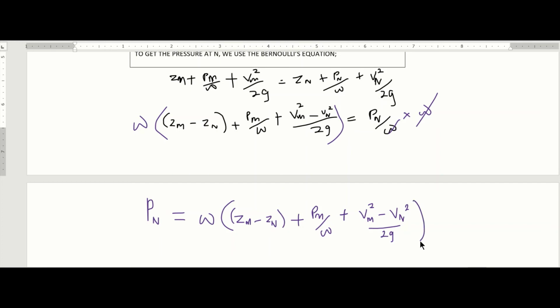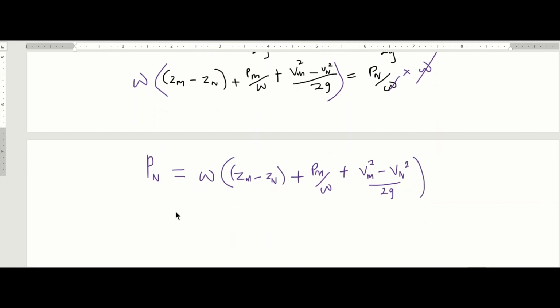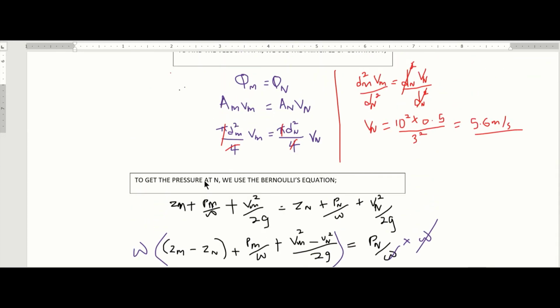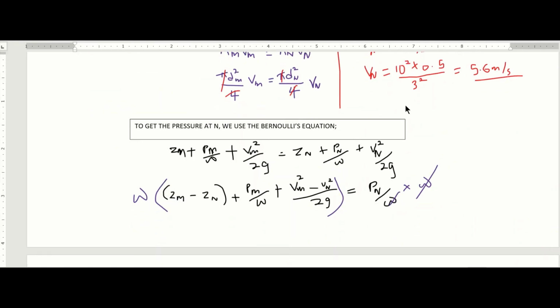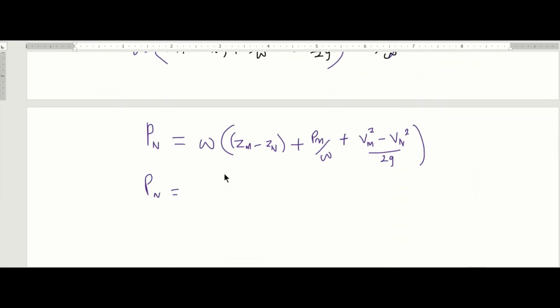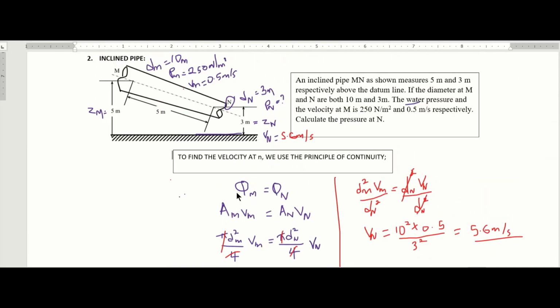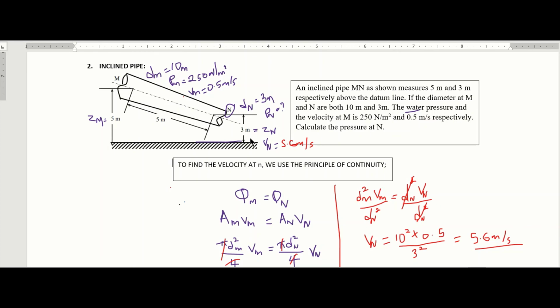Alright, so what next? We put in our values. So therefore my pressure at N is equal to, now the specific weight of the fluid here is water. So remember that the specific weight of water is 9810, from bracket. My Zm is 5 and Zn is 3.